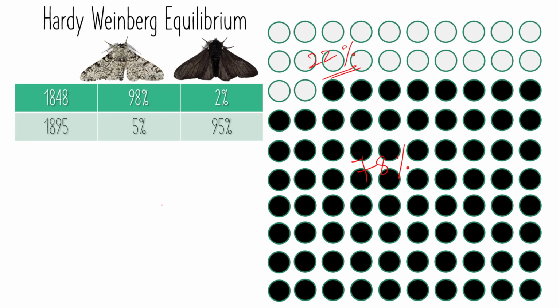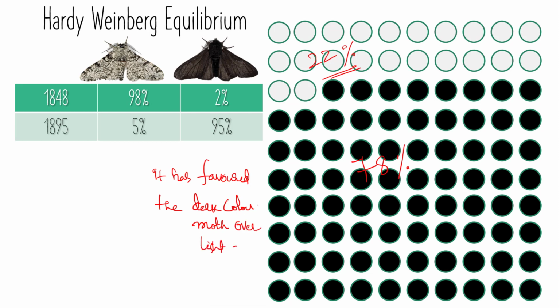So in general, after the industrialization, it has favored the dark colored moth over light.